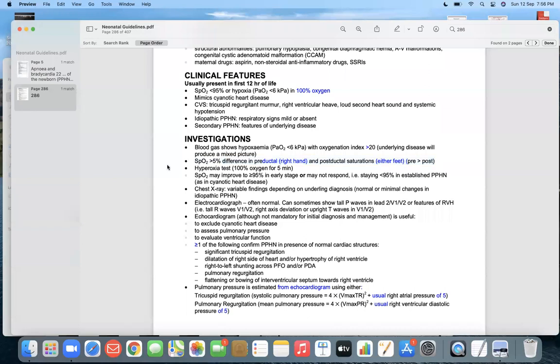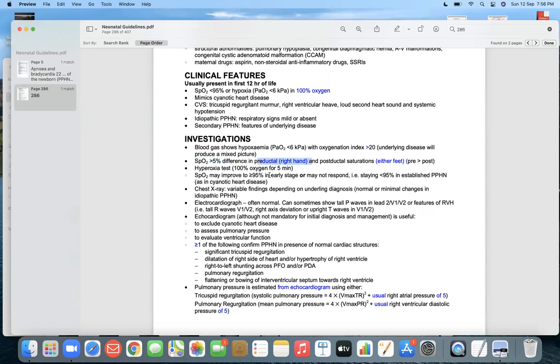But here, for baby PPHN, they are taking more than 5%. In most of the books I have seen, it is 3 to 5%. So if the examiner takes your discussion towards PPHN, say 5%. If he takes it towards cyanotic heart disease, say 3%.